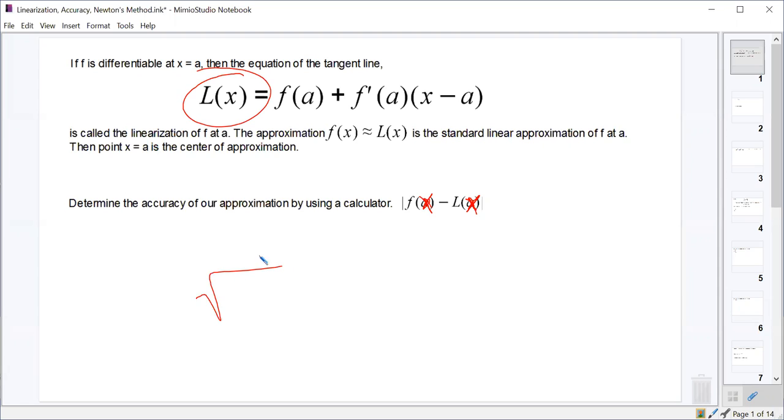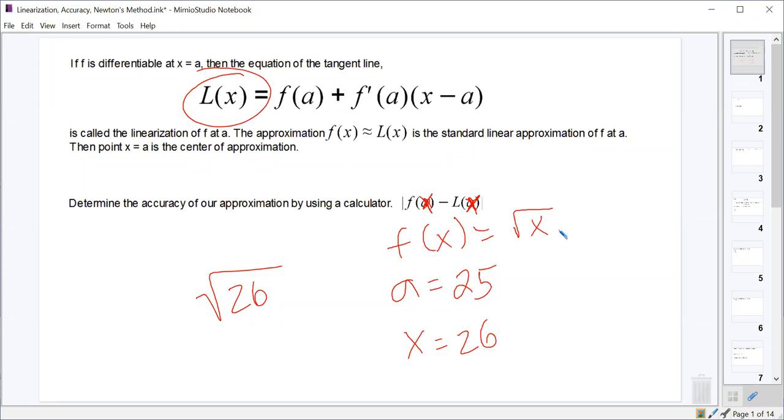So if I'm looking for, let's say, the square root of 26, the center of approximation will be a equals 25, because that's the value that is very close to 26 that we know how to take the square root of. And so x would be 26, and our function f of x would be the square root of x. Good or no? These are the things we'd plug in. We'd have to find f prime, and then we would evaluate it all out.